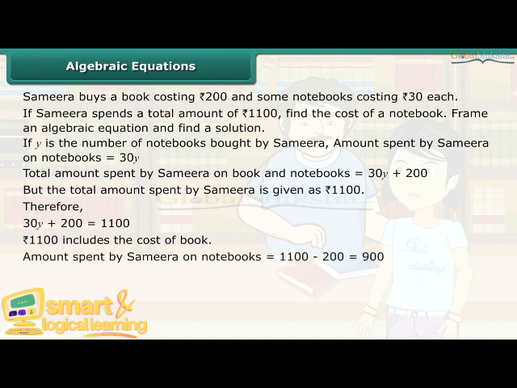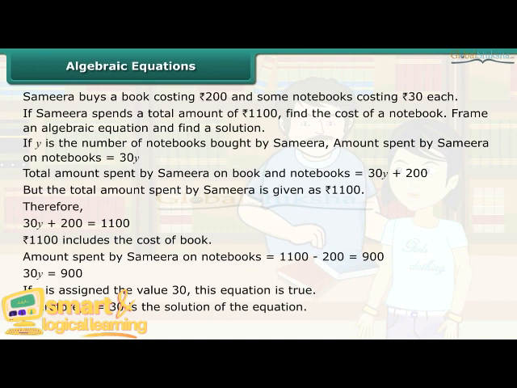Amount spent by Samira on notebooks is equal to 1100 minus 200 is equal to 900. 30Y is equal to 900. If Y is assigned the value 30, this equation is true. Therefore, Y is equal to 30 is the solution of the equation. It means the cost of a notebook is 30 rupees.